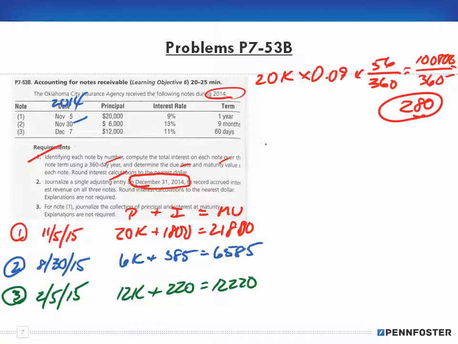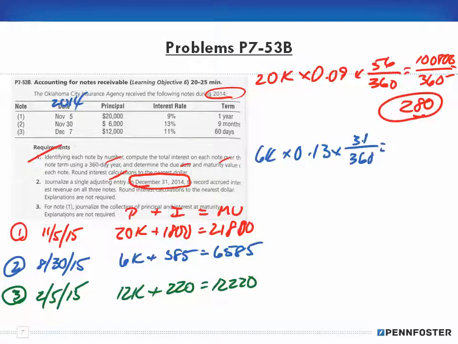For note number 2, I have 6,000 times 0.13. All right, so the number of days for the second note, since this is 11/30, to get to 12/31, that's 31 days over 360.